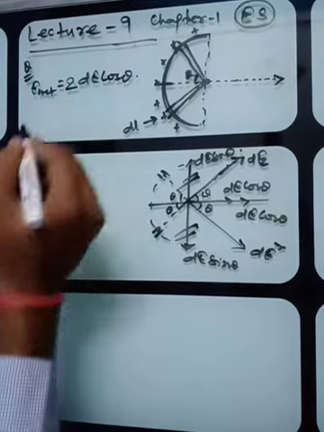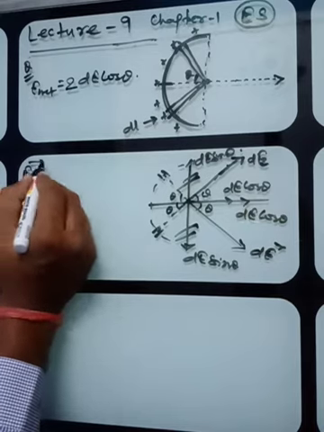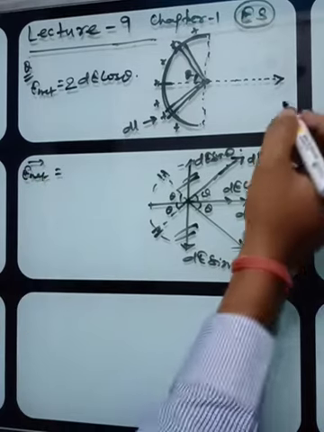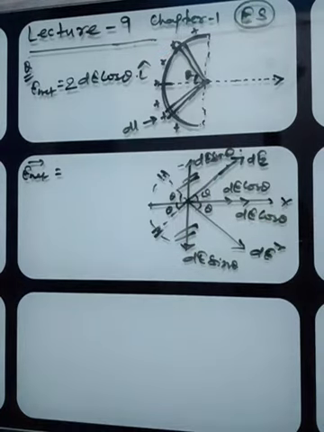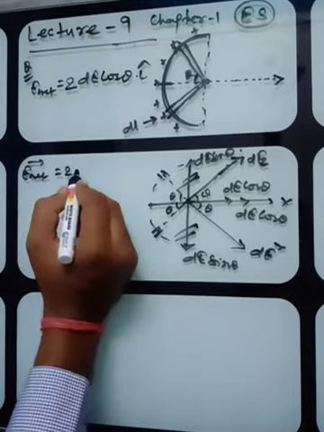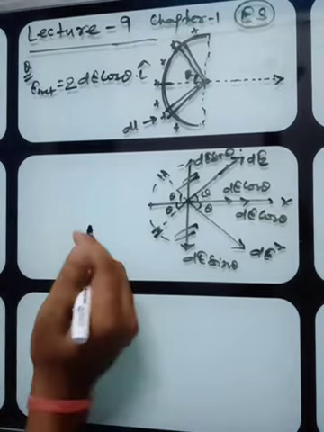Now we'll integrate. First we should put the values, and the direction, of course, will be in this direction, the x-axis, i cap, you can write. So 2 dE. To write the dE, we have to find the charge.